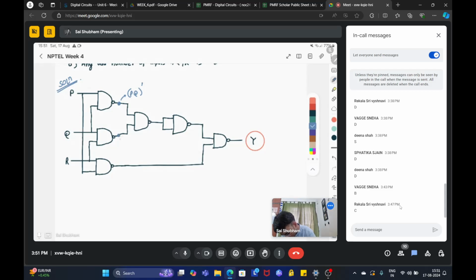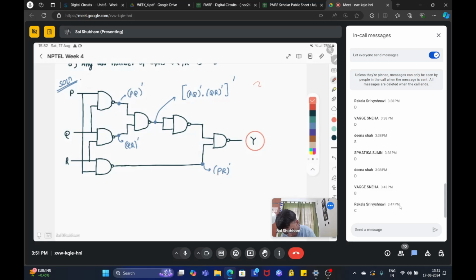At this node, it will be QR bar. This is PR bar. Okay. So this node, this is PQ bar dot QR bar, whole bar. Fine.